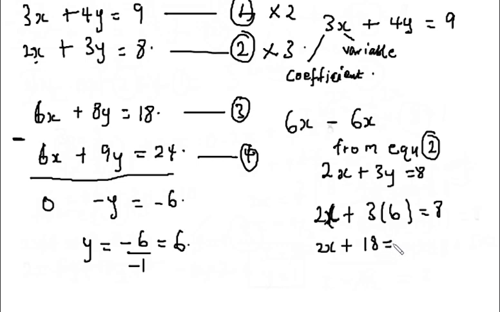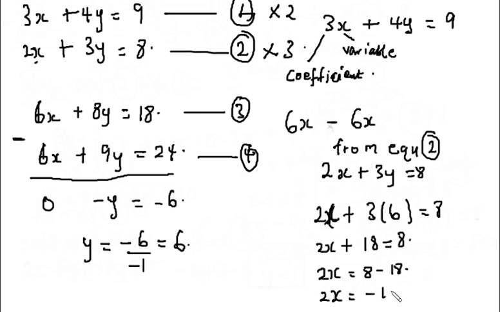18 moves over to the other side, positive will turn to negative. So you have 2x is equal to 8 minus 18, which implies that 2x is equal to minus 10.